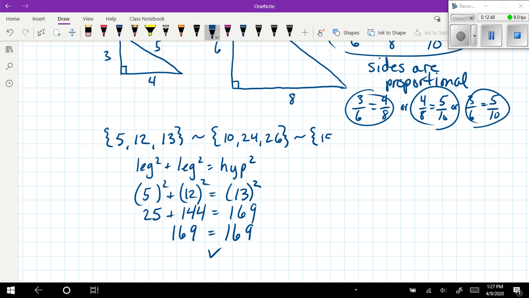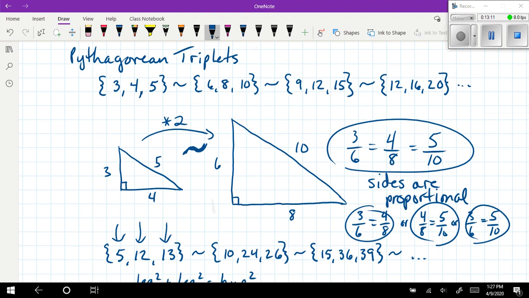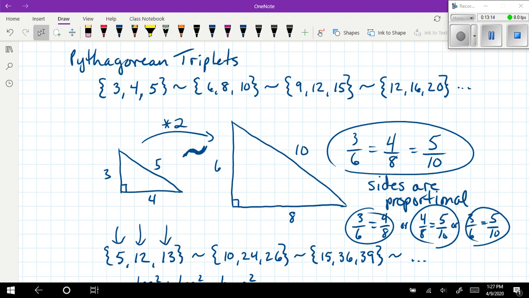This would give me 15, 36, and 39. And I'm taking these numbers, this 5, this 12, and this 13, multiplying each of them by 3. I could multiply them each by 4, and so on. There's no end to the number of Pythagorean triplets that I can make from a 5, 12, 13. Just like there's no end of the Pythagorean triplets I can make from the previous 3, 4, 5 triplet.